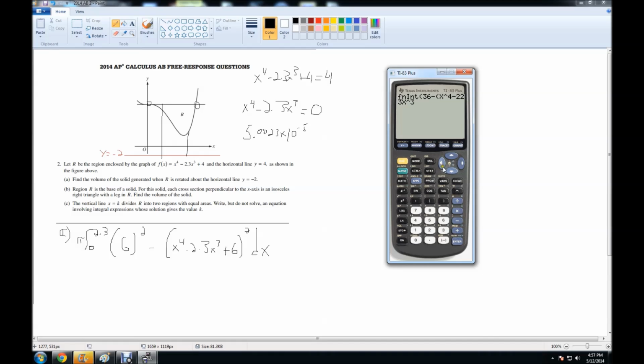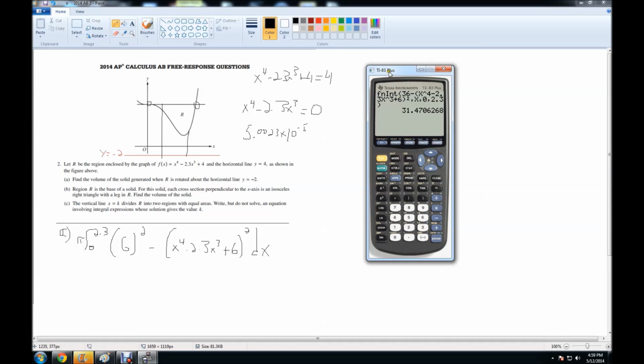Oops, that's not a 2.3. Let's go back. Minus 2.3 x to the power of 3 plus 6 squared, comma x, comma 0, comma 2.3.